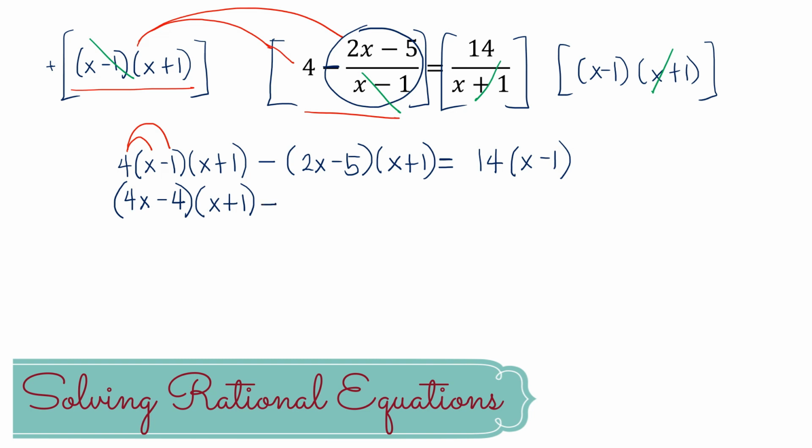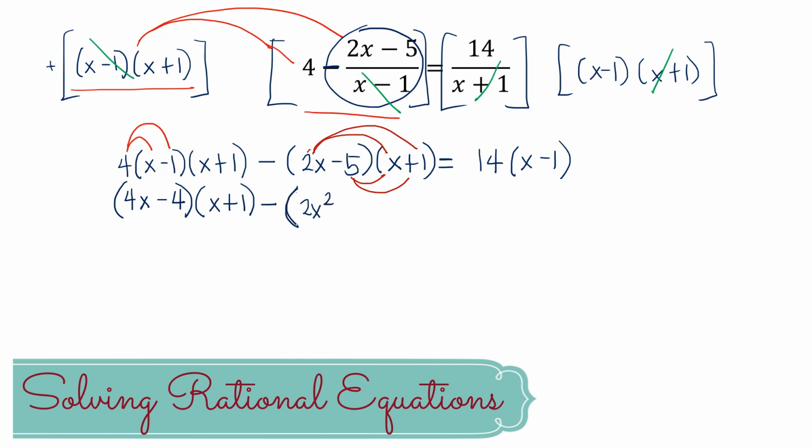And then we're going to multiply 2x minus 5 by another binomial x plus 1. So just like what we're doing before, we're going to distribute 2x to x and to positive 1, and negative 5 to x and to positive 1. So 2x times x is 2x squared.